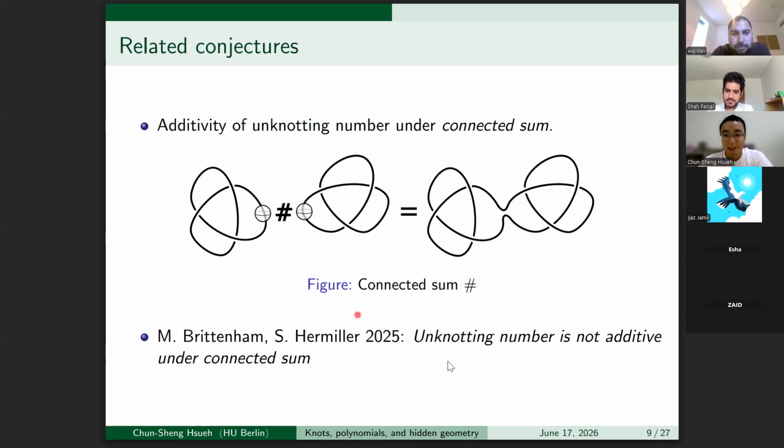So the name of the paper summarizes the result. It's called Unknotting Numbers Not Additive under the Connected Sum.